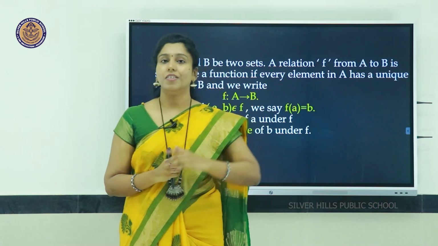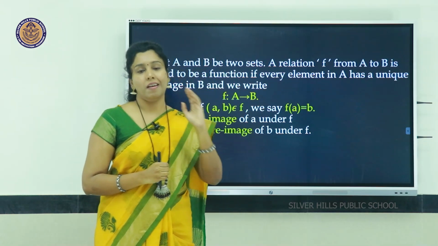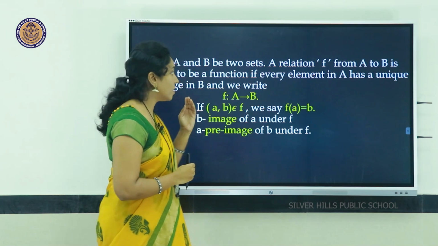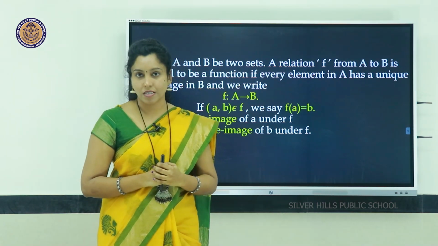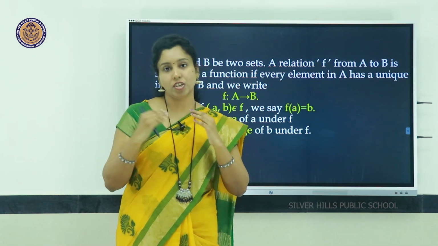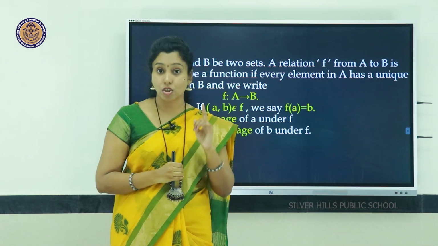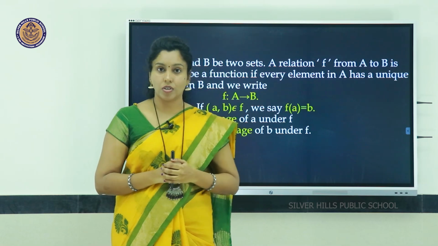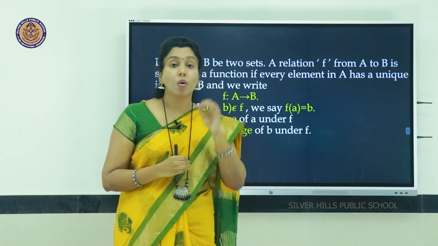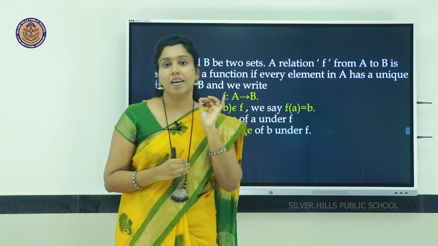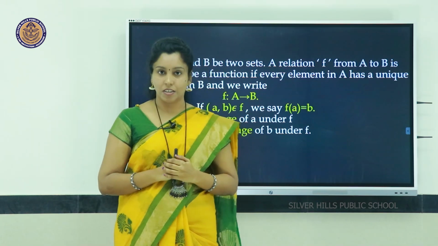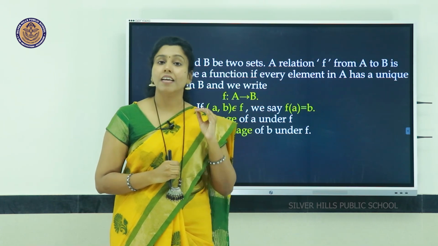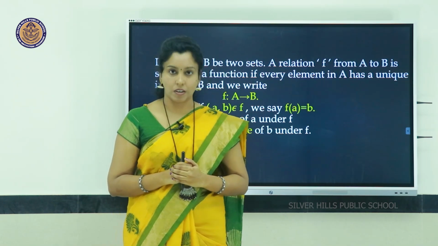The first condition is every element in the first set, which here is A, has an image in the second set, that too a unique image. So, what do you mean by unique image? One and only one image. So, if a relation satisfies this condition, we say that relation is a function.